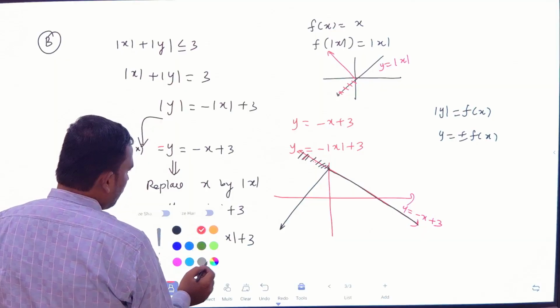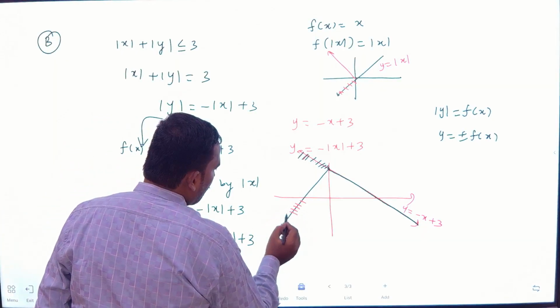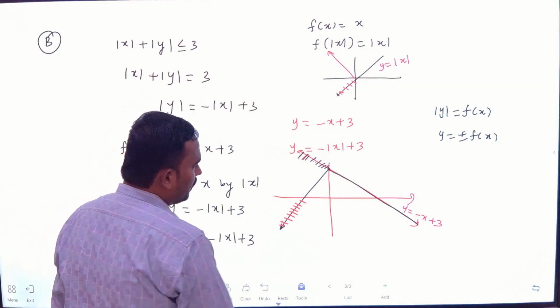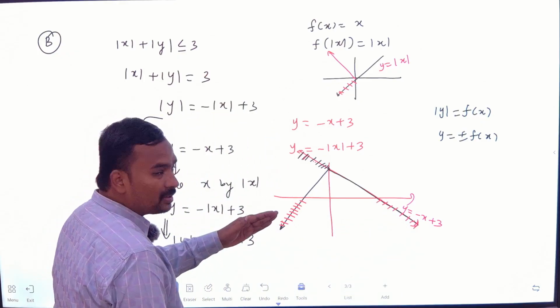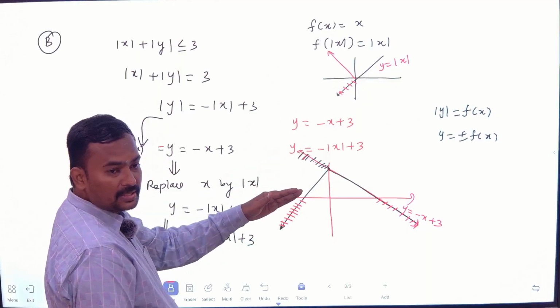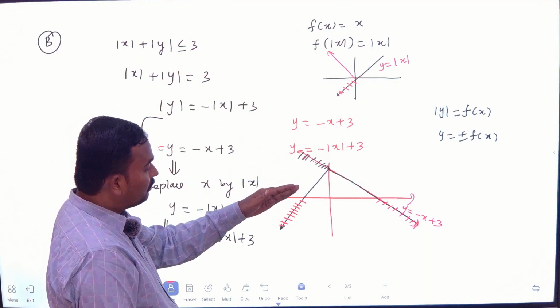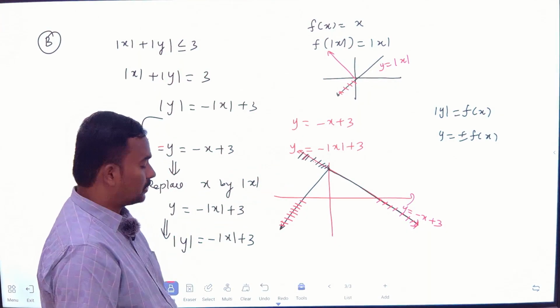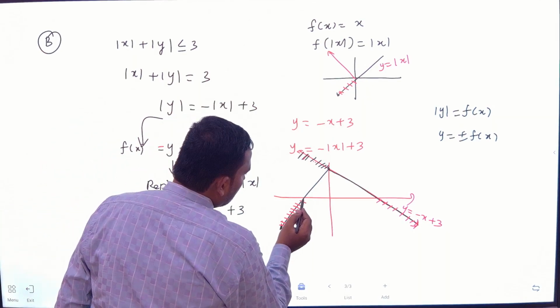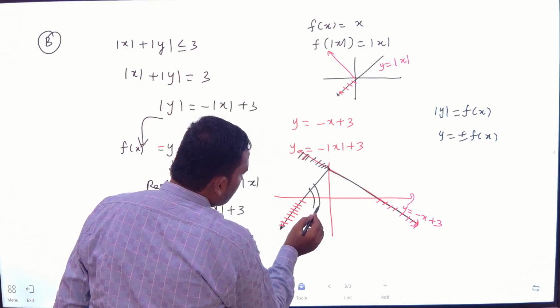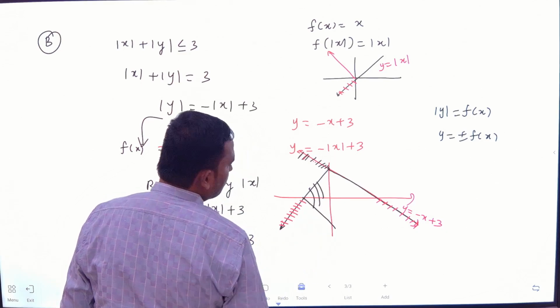You have to remove this one, remove it. Here also you have to remove it, and whatever the above portion is there, you have to take the mirror image with respect to the x axis. Take the mirror image with respect to the x axis. You take the mirror image, it will be like this.